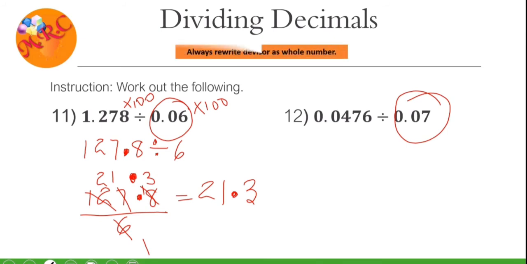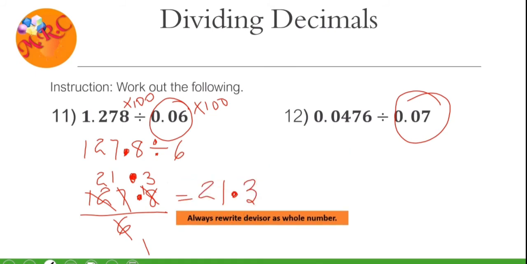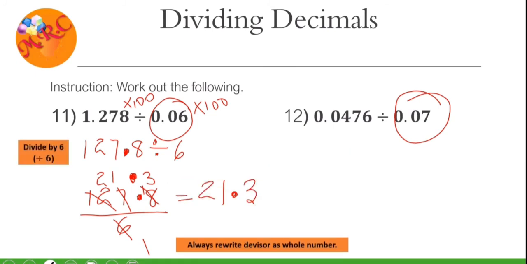Alright, go ahead and work out number 12 in 5, 4, 3, 2 and 1. Remember the important points. So now we have 0.047 divided by 0.07, and we realize that the divisor is a decimal, so we're going to multiply it by 100 because there's 2 digits after the decimal point.